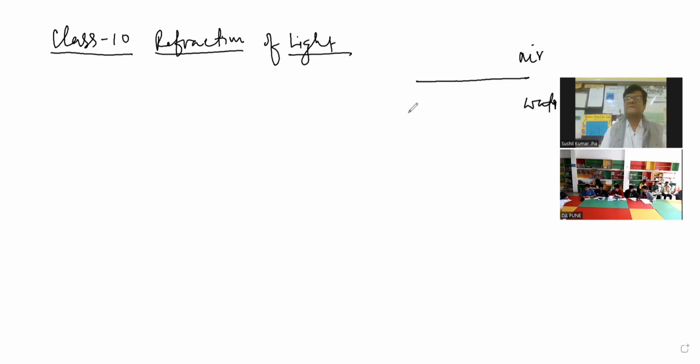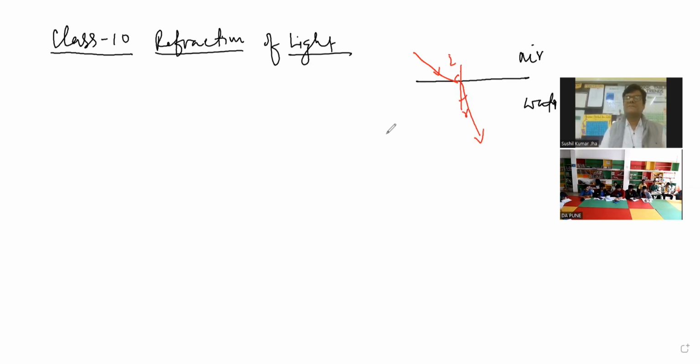This line, the interface, divides the two media. We draw a normal perpendicular to it. The ray strikes like this with a certain angle of incidence. Because it is coming into the denser medium, it gets closer to the normal, and vice versa.